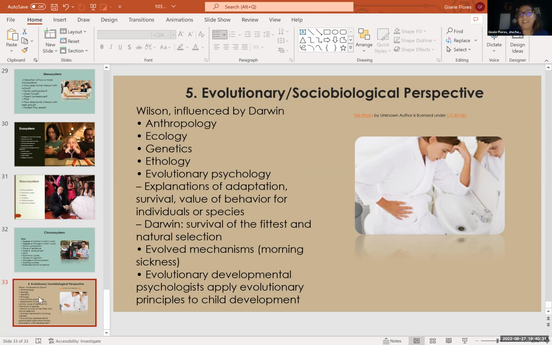So Darwin would have said that morning sickness developed because expecting people needed to be wary of what they put in their bodies because they needed to protect that developing fetus. And so they would get sick to let their bodies know, hey, I need to be more careful about what I ingest. So those are just some introduction to these theorists.